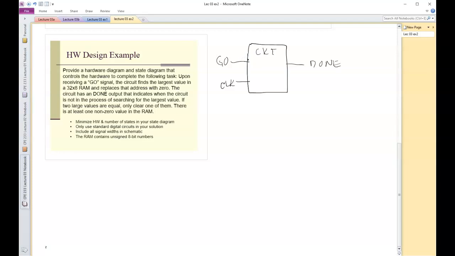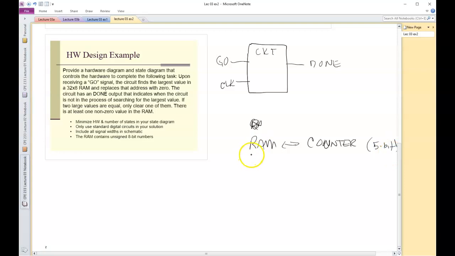At this point, I think we're going to go ahead and list what circuits we need in here. We've got a RAM, which means we also need a counter. This counter is going to be a 5-bit counter, simply because I need to address 32 different things.